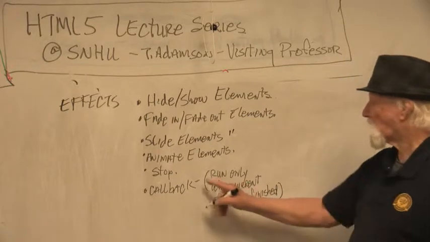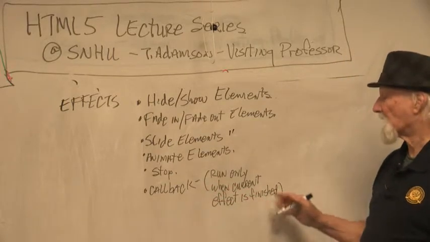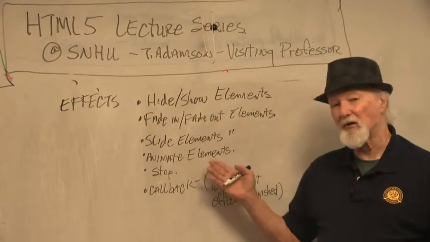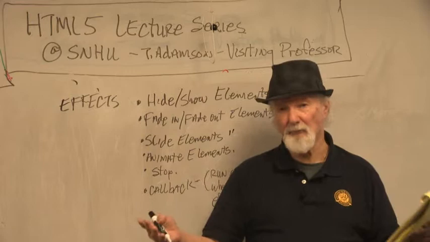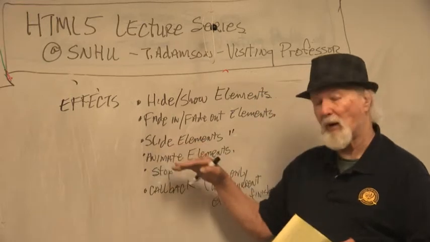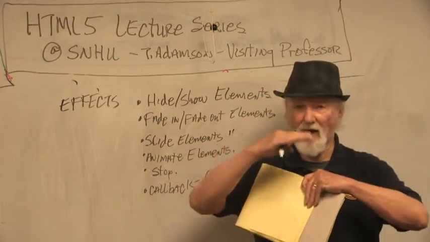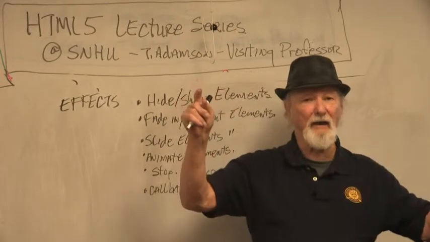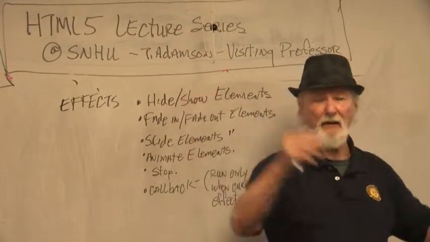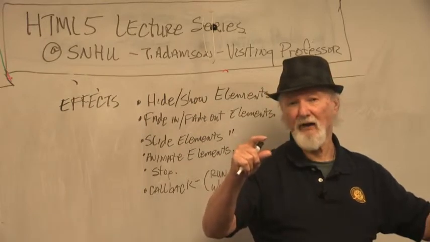And you might say, well, why is callback such a big deal? Well, the thing is, if I'm going to use animation, I might have an animation happening on my web page. And when you write JavaScript, it's one line of code after the other. So the first line of code that says, hey, do this really cool animation, the animation's being done, it'll automatically go to the next line of code.